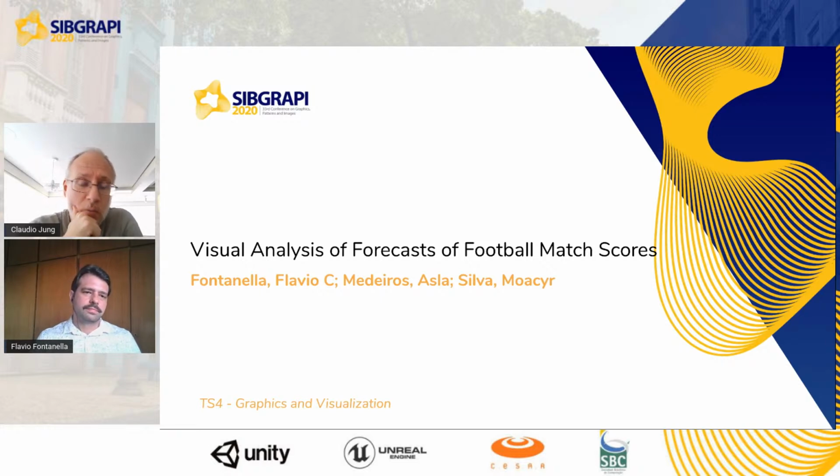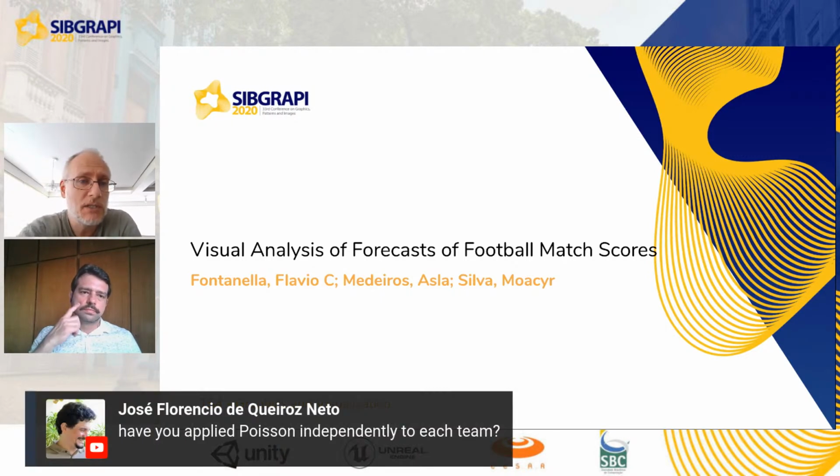Okay, and one final question, again by José Florencio. Have you applied the Poisson distribution independently to each team? Yeah, the model uses independent Poisson, though I don't think anyone thinks it's really independent. Once a team scores a goal, sometimes or most of the times the match changes.